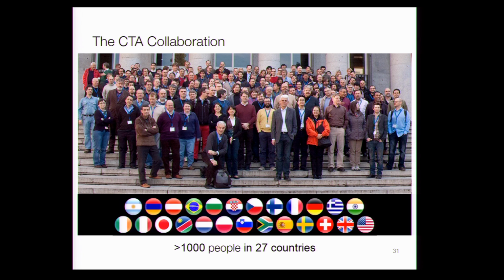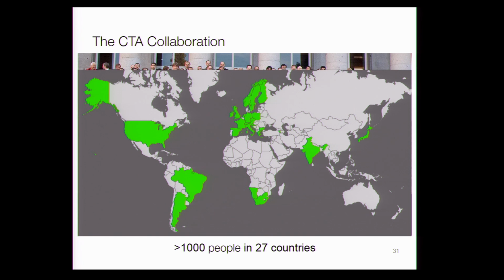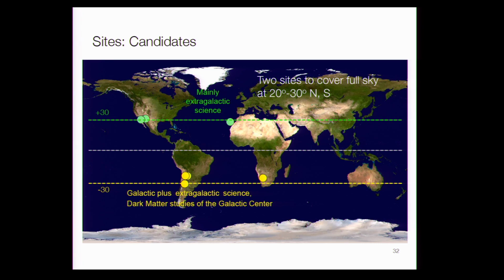The collaboration is very large. We have about 1,000 people in 27 countries, and these countries are listed here. Here you see them on a map. So if your country is not in CTA, then you should think about joining. One thing that people always ask me when I talk about CTA is where it will be built. The plan is to have 2 sites, one in the southern hemisphere, one in the northern hemisphere.